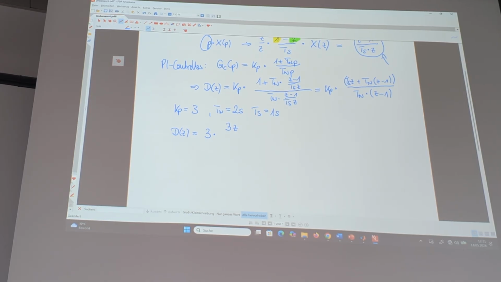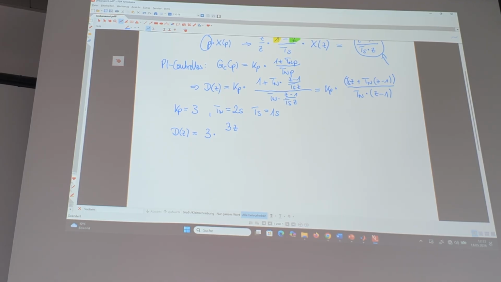Let me quickly check, is that correct? Yes. 2 plus 1 is 3. And then we have Tn times minus 1.